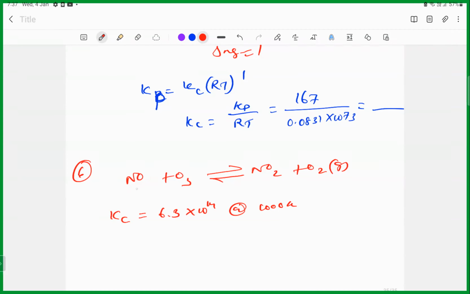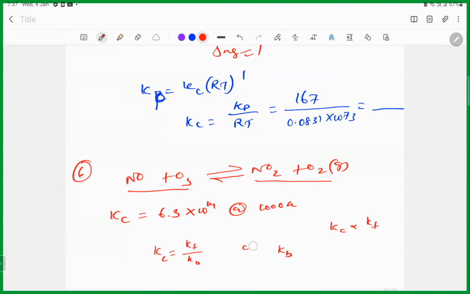Because the forward reaction is bimolecular and the backward reaction is bimolecular, only two molecules are involved. So Kc is equal to Kf by Kb. The equilibrium constant Kc is inversely proportional to the backward reaction and directly proportional to the forward reaction.